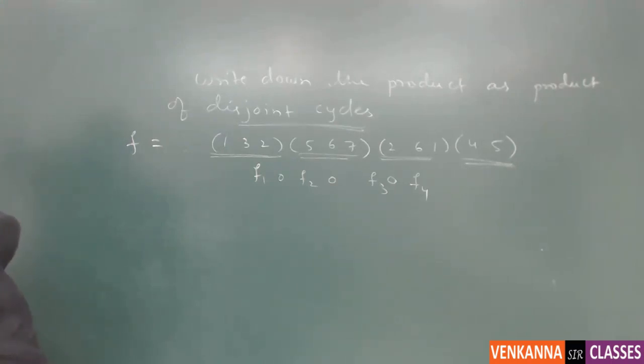Now, if you understand that in each permutation, what is the degree of the permutation? I mean, because I have taken 4 permutations here, what is the maximum degree for each permutation here?